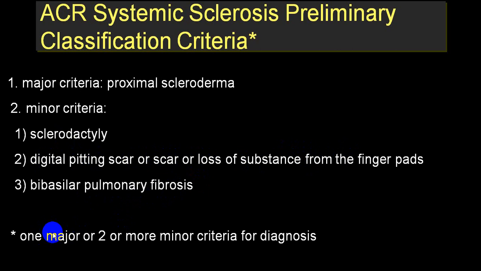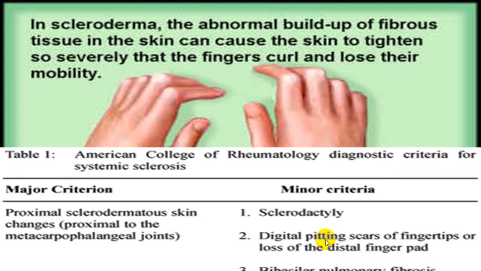Either one major criterion or two or more minor criteria are required for the diagnosis of systemic sclerosis. We had involvement of the finger, plus a little amount of sclerodactyly. So two minor criteria were there, and there was involvement of the skin, proximal scleroderma. So it was classical scleroderma.